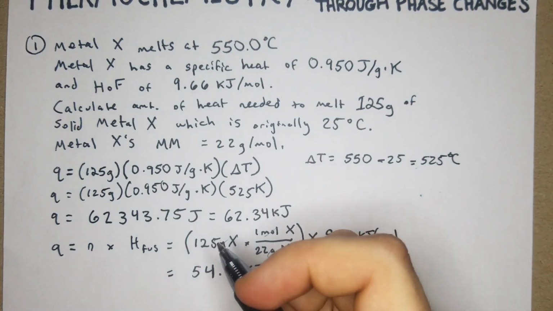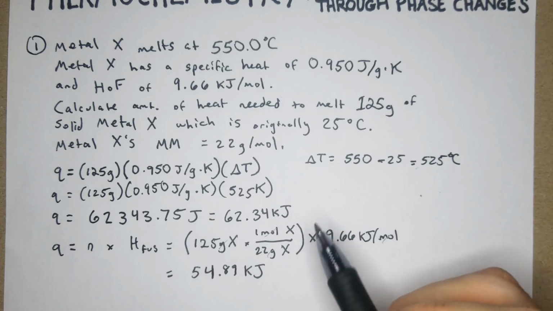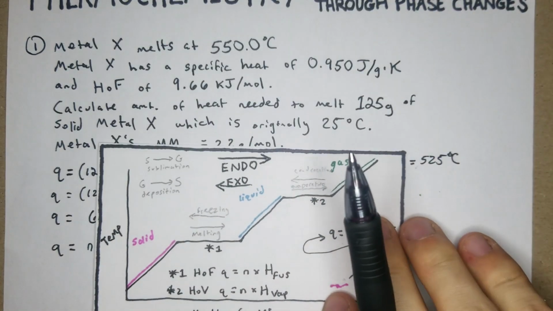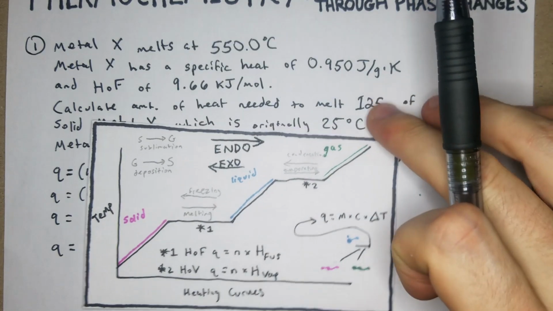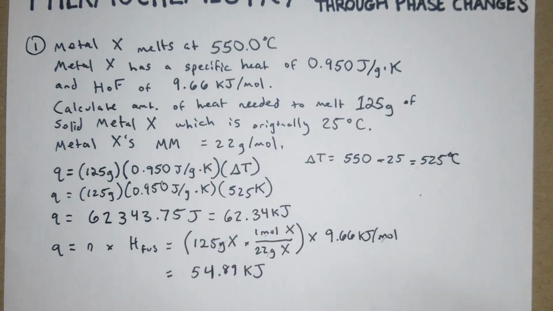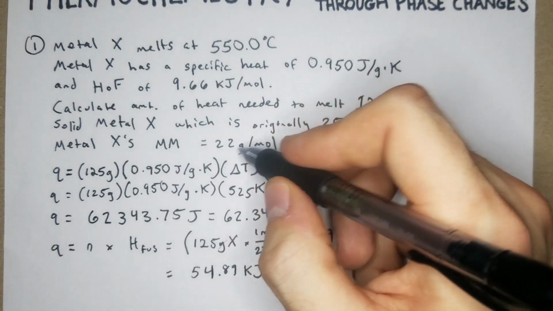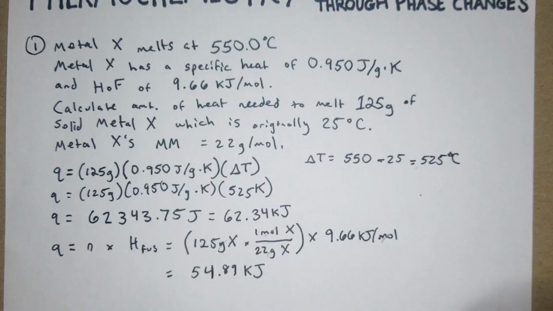And then now what we're going to do is, basically to bring it to this point where it's melting, we have this and we have our other number here. We're going to take those two and get the sum of these.